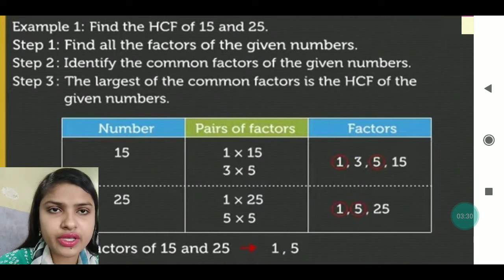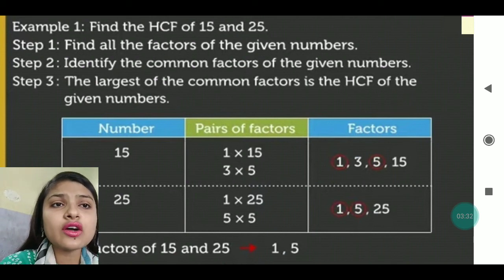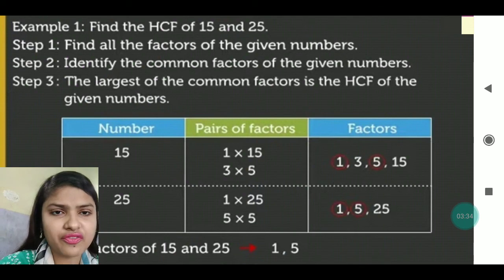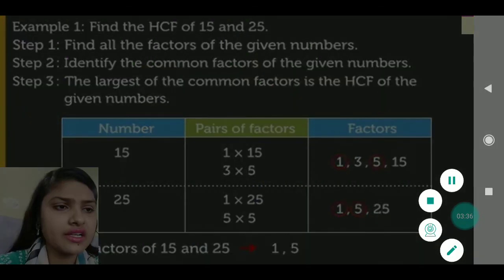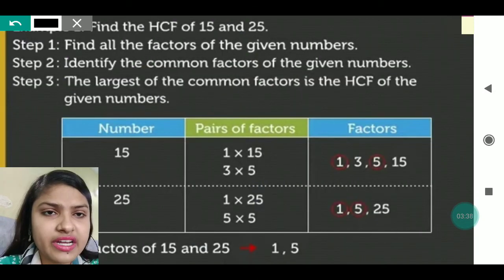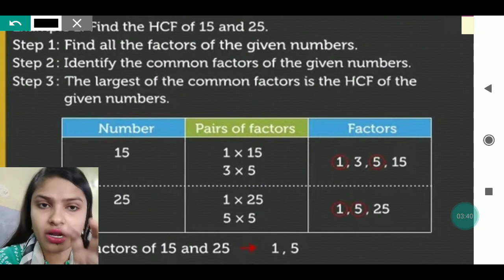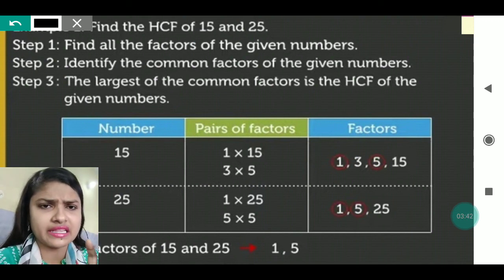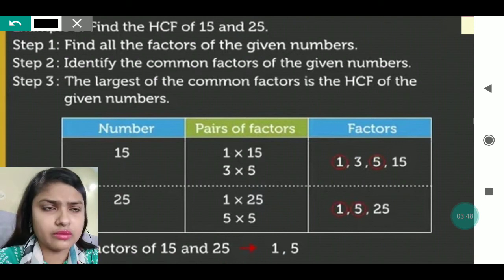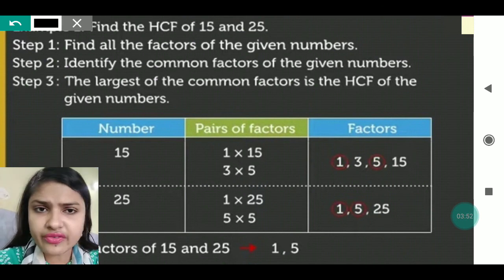Factors you already know. Now, identify the common factors. First, we have to find the factors. So, see what I have done. I have made a column. No need to make the column like this, but just for example, to make the work easier for you, I have made the column. You can see 15 is written and then 25.